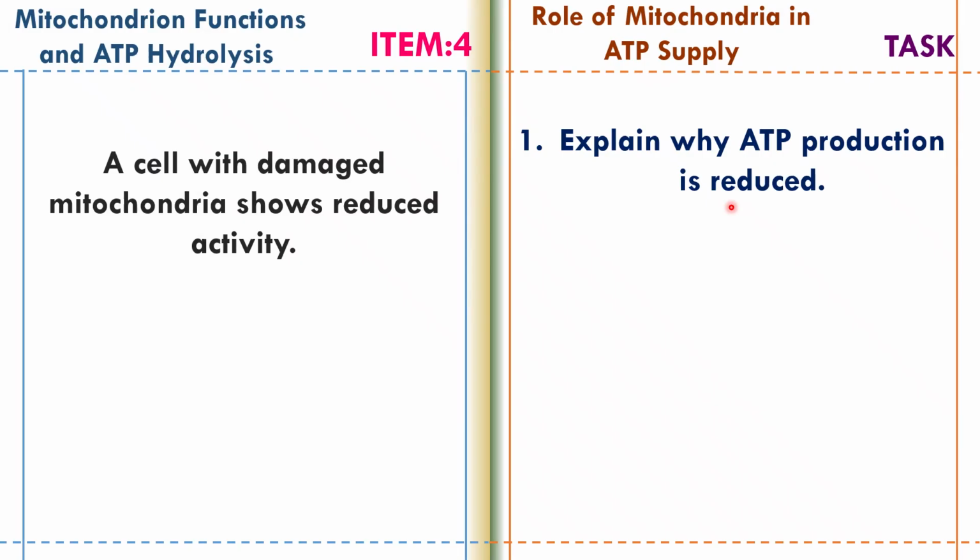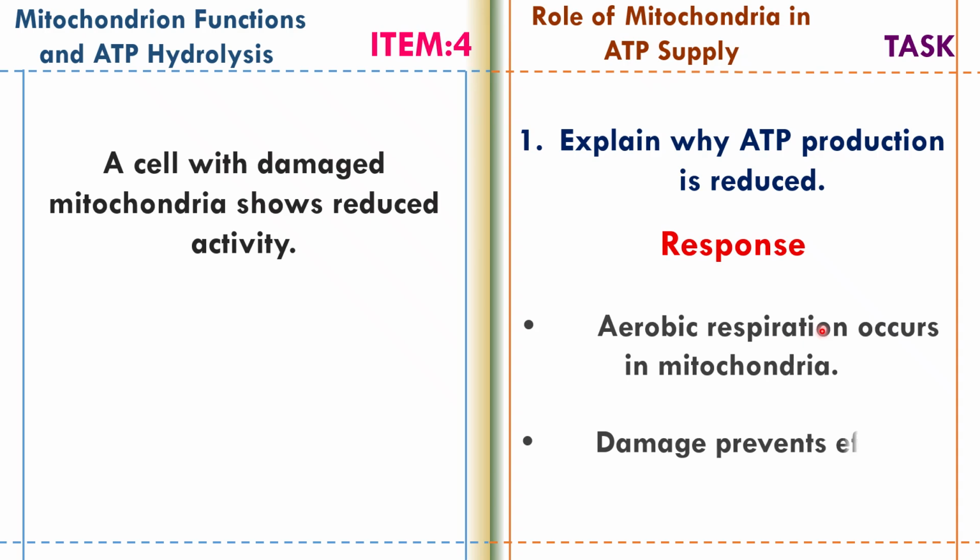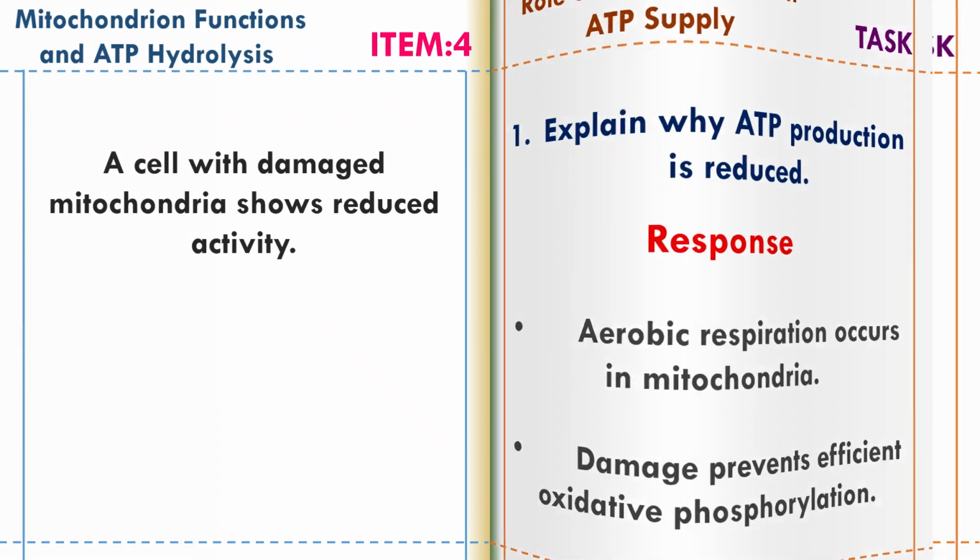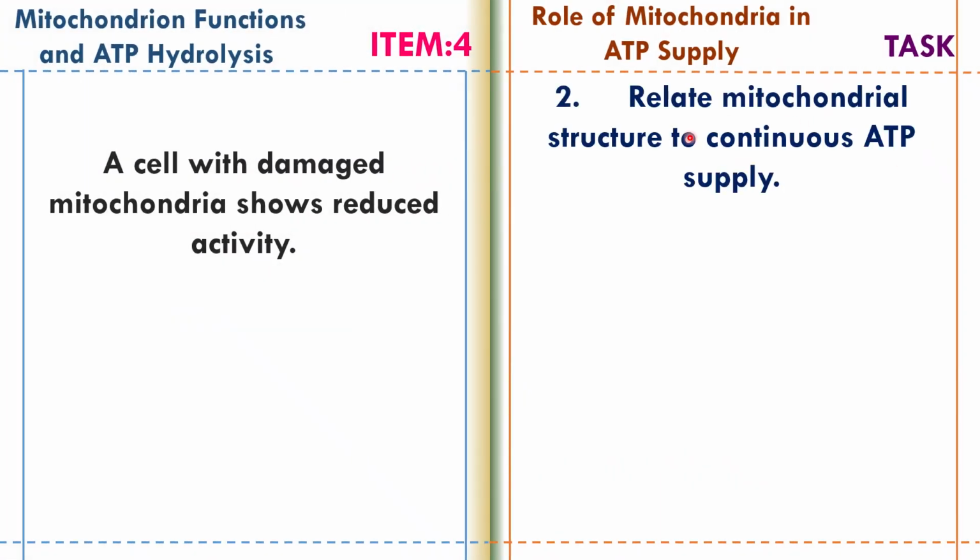Explain why ATP production is reduced. Aerobic respiration occurs in the mitochondria. Damage prevents efficient oxidative phosphorylation. Relate mitochondrial structure to continuous ATP supply.